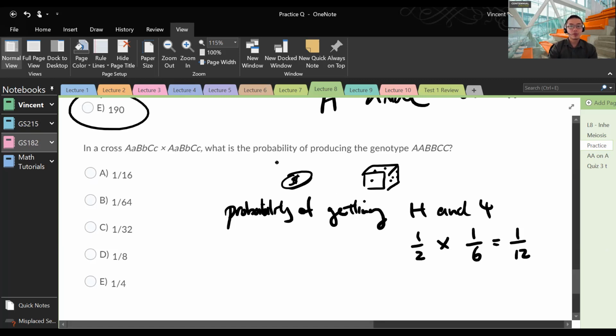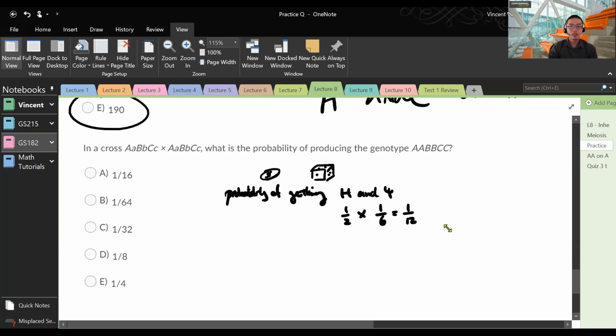How does it relate to this question? All right, so we have 3 genes, right? We have A, B, and C. And according to the law of independent assortment, whether you get a big A or a small a will not affect whether you get a big B or a small b, and so on. So we must evaluate each gene individually.